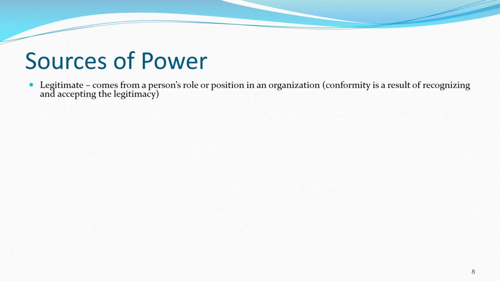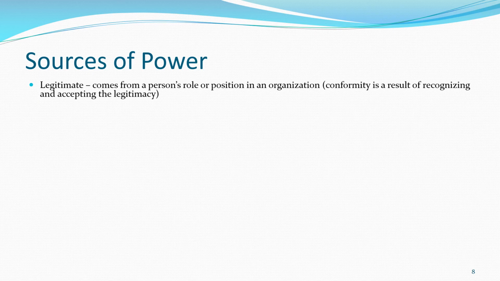There's legitimate power, and legitimate power comes from a person's role or position within an organization. A person or persons would conform to what is directed because they are given instructions from that individual, and they recognize and accept the legitimacy of that person's power within the organizational chart.